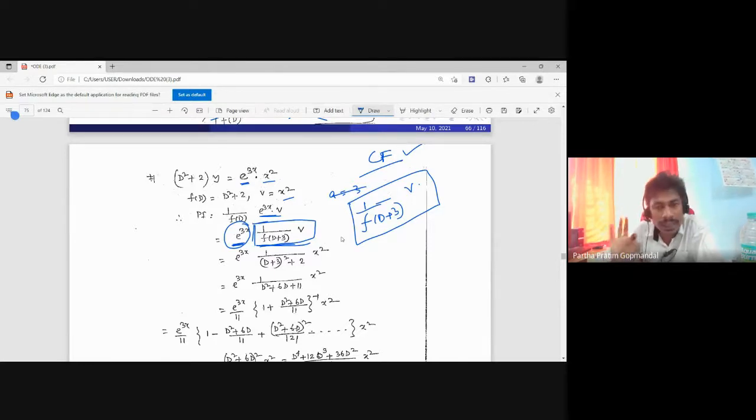So F(D plus 3), you can find it as (D plus 3) whole square plus 2. Expand it. It will be D square plus 6D plus 9 plus 2, so 11. And we have already discussed how to find the particular integral when the function is x to the power m. So this part we have already.